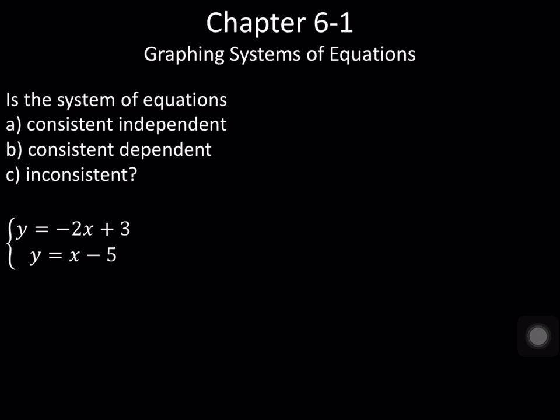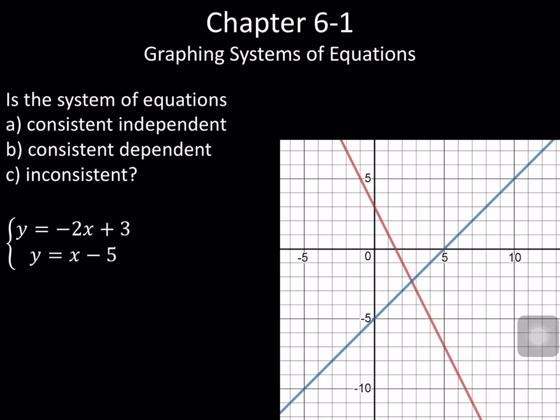Okay, so here are two equations: y equals negative 2x plus 3 and y equals x minus 5. If we were to graph those, there they are. Intercept of positive 3, slope of negative 2, negative 2 over 1. So there's that line. Y equals x minus 5, so negative 5 is my intercept, plus 1 is my slope.